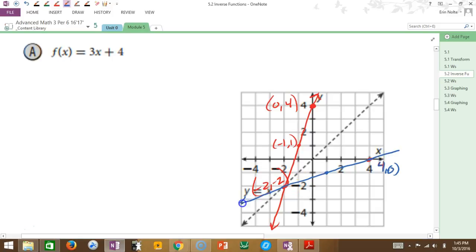So, can you give me the equation of that blue line? One-third x. How did you get 1/3 x? That's the slope, right? 1/3 x. What's my y-intercept? Minus. Definitely a minus, right?